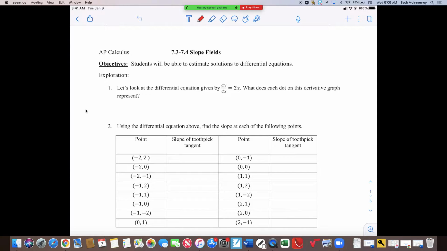And if I were to look at every single point on a graph, what does the dy dx represent? It's the slope, okay? Good job. It is the slope of the line tangent to y at that particular x value.